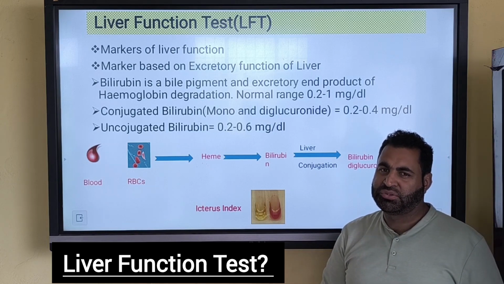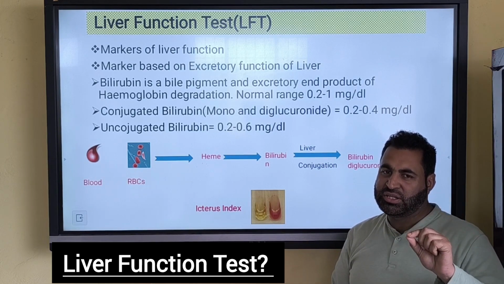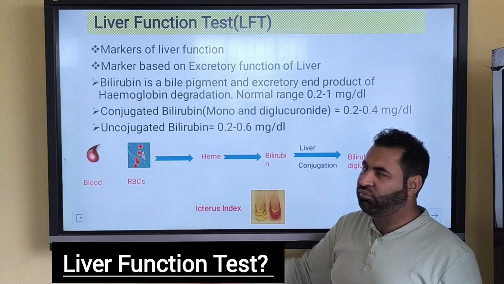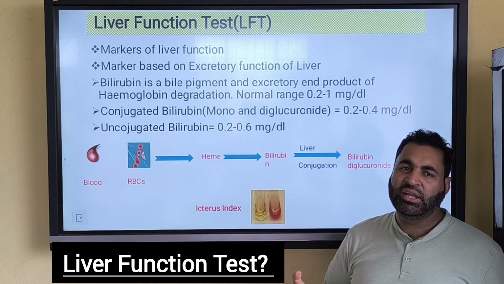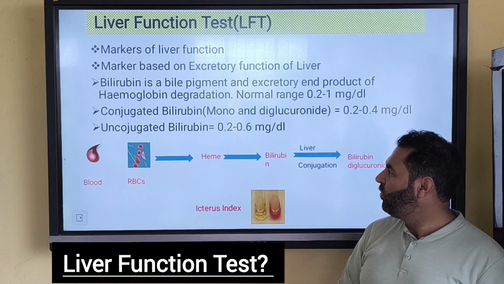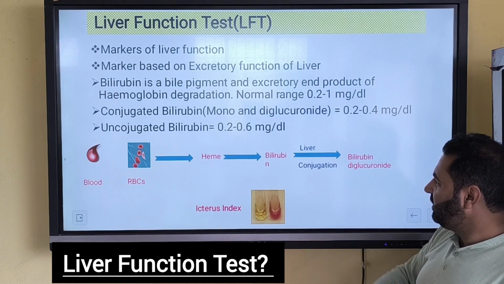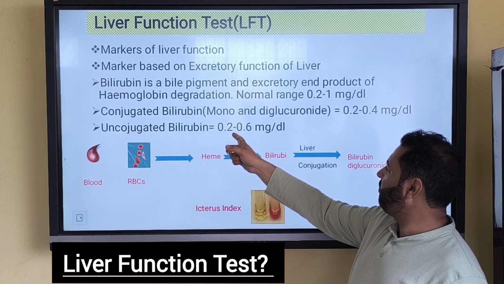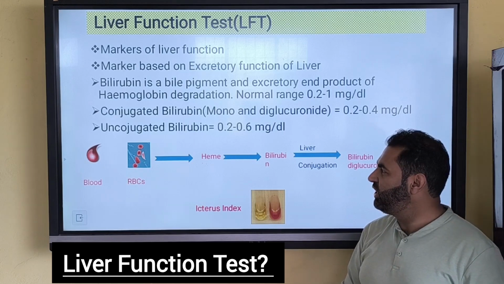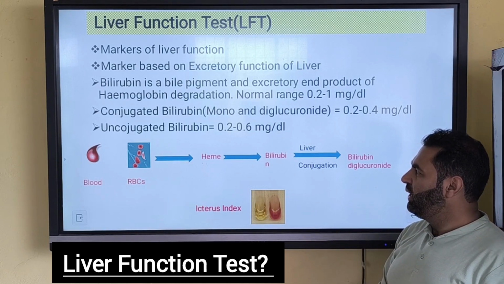These are the compounds, glucuronides, which are added by the liver to make this bilirubin water soluble so that it will be excreted through our urine. The majority of it, 0.2 to 0.6 milligram per dl, is unconjugated bilirubin.